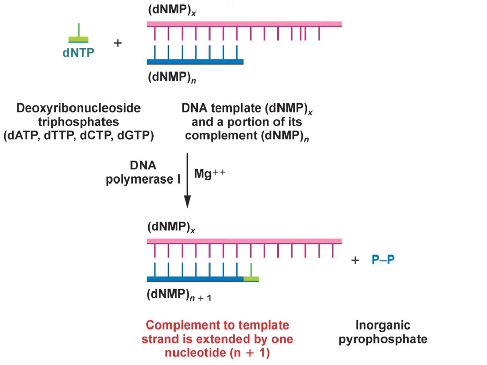These are present in the cells. So you can see there's dATP, dTTP, dCTP, and dGTP, all of those in parentheses in the middle there. Basically, these are all the G's, A's, T's, and C's.